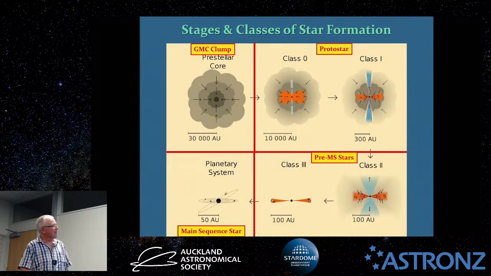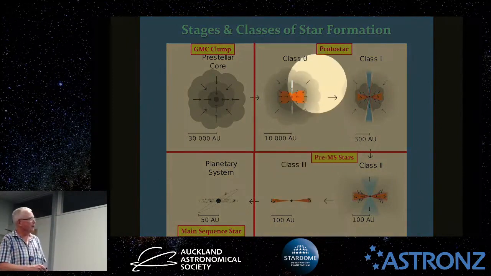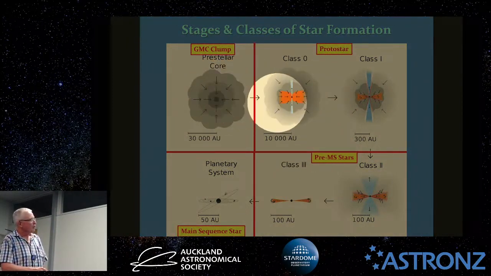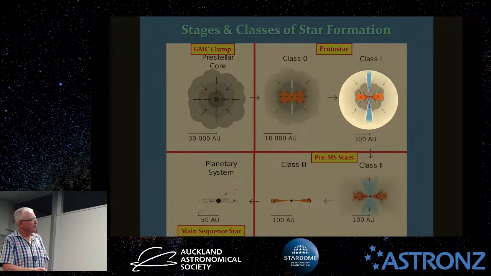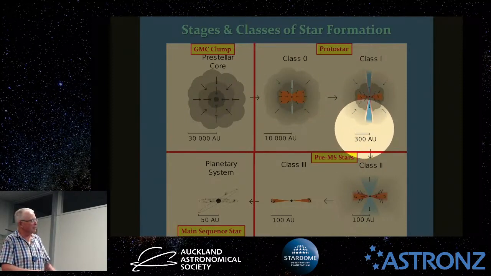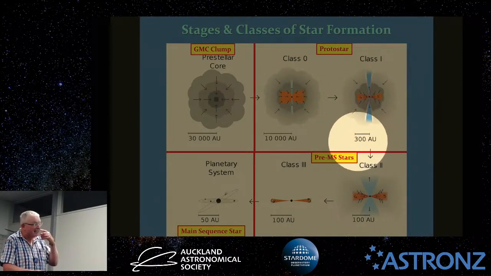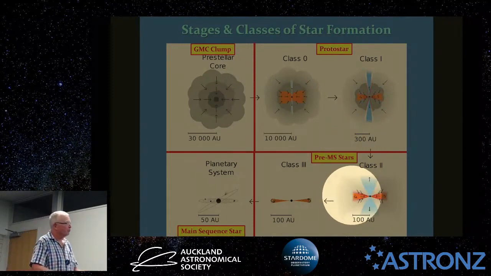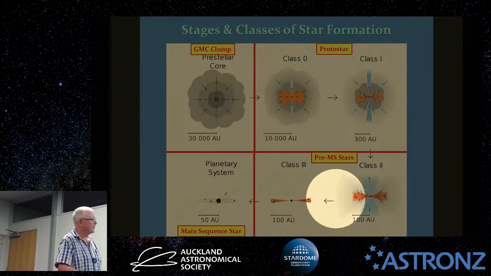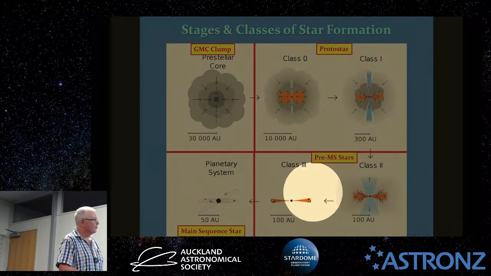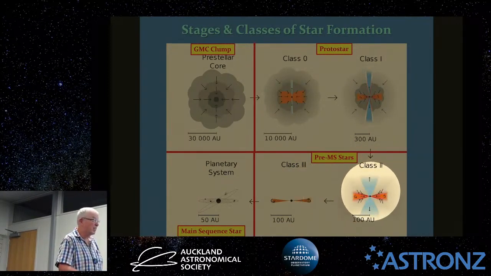Okay, this is recapping just the diagram that I had earlier on. So here's your clump. It's a protostar still enshrouded with cloud, but you can see the disk forming and the jets forming. That provides a very important mechanism to allow more mass to accrete. Now you're getting into pre-main sequence stars, and notice the size is coming down here. You're getting down to 100 astronomical units, getting close to a solar system sort of size.